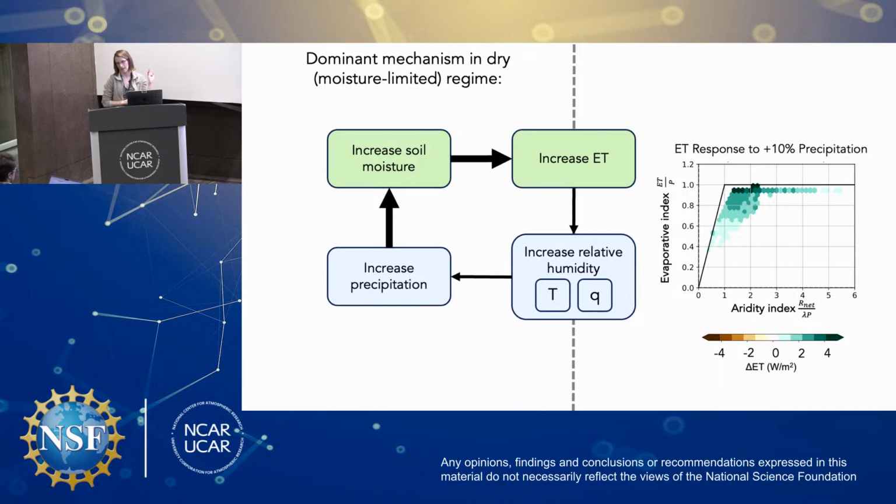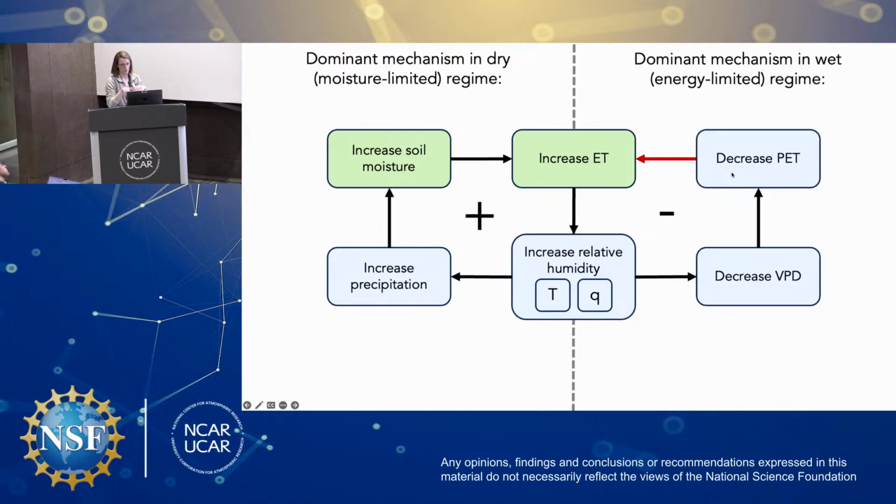Again, we can visualize this more clearly by isolating how ET responds to precipitation. This is another synthetic meteorology simulation where we just increase precipitation by 10% everywhere. This precipitation change matters most in these moisture limited places.